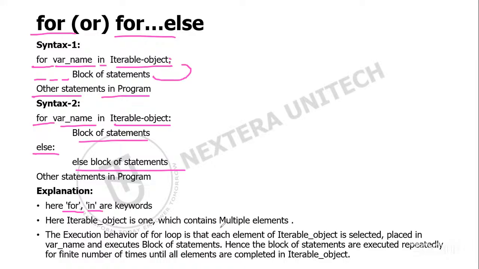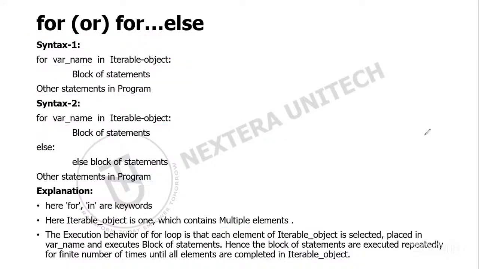What is iterable object? An object which contains multiple elements. So if you observe, till the condition becomes false, the loop keeps on proceeding. It iterates for all the values.